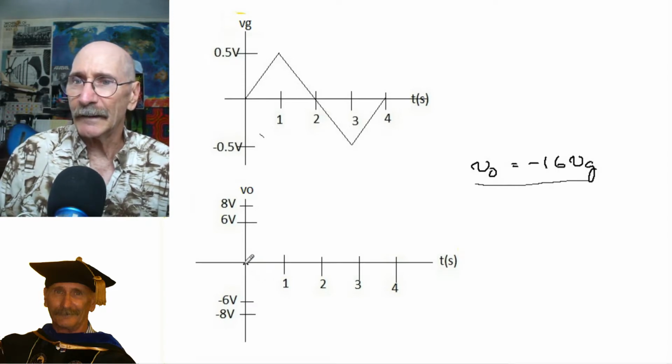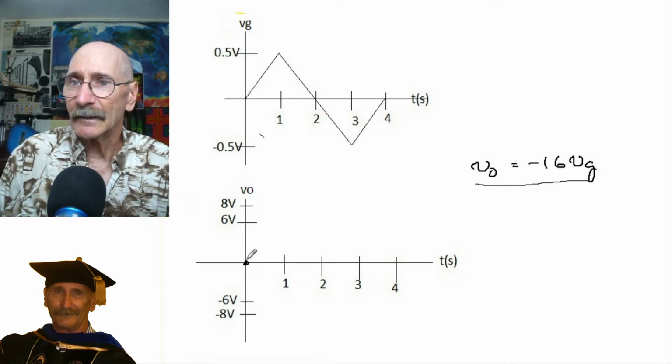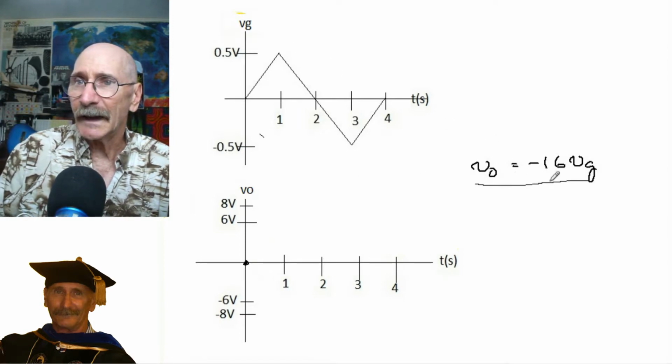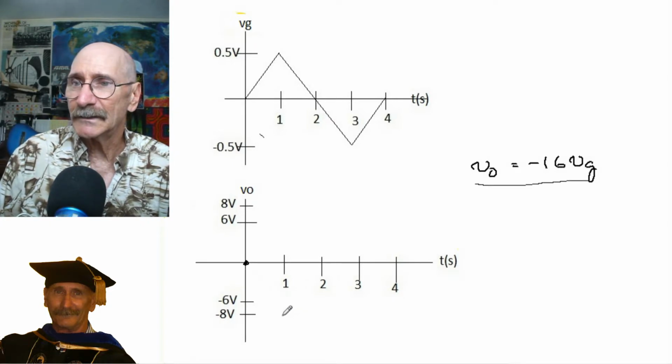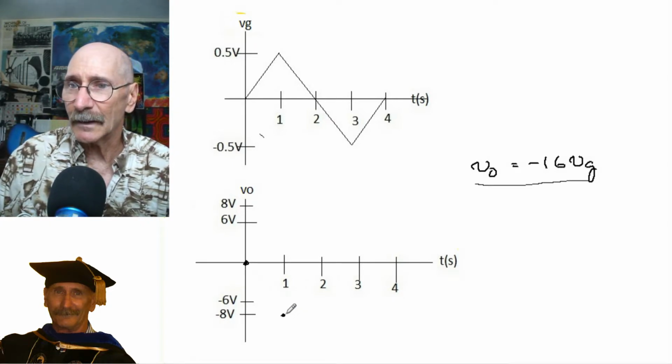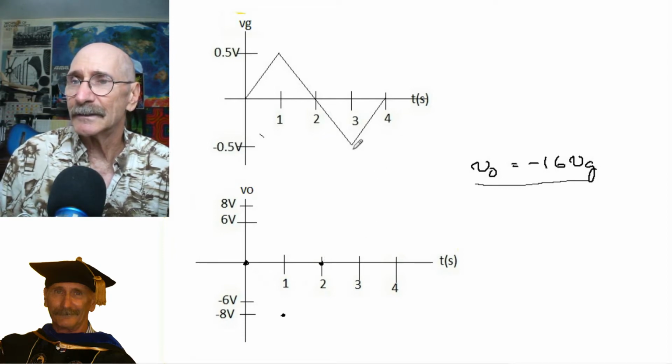In the first case we have 0, our first point. Our second point at 0.5 volts: 0.5 times negative 16 is negative 8. Our third point is at 0 again. And at negative 0.5 volts, you get 8 volts out. And at 4 seconds, we have 0 again.